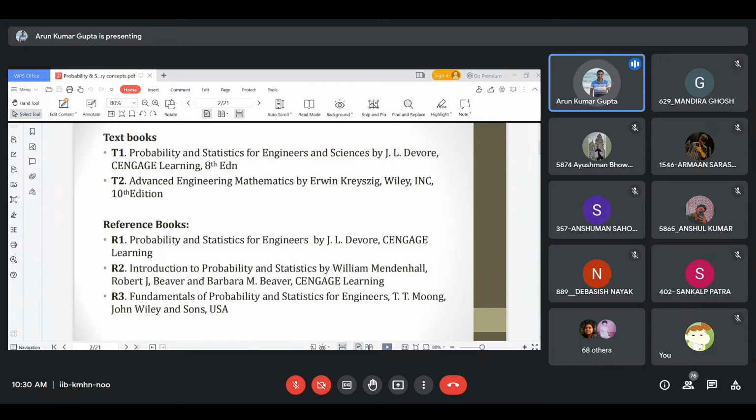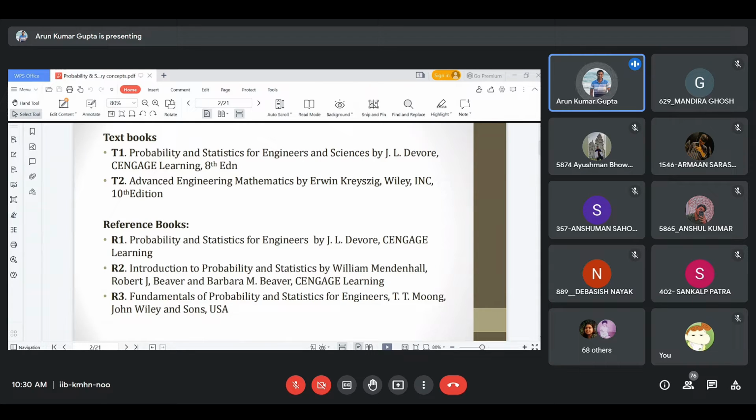So here I have mentioned two or three books as reference books. Devore and Advanced Engineering Mathematics are your textbooks. And this Devore 7th or 8th edition is your reference textbook. The other editions you can use as a reference book.